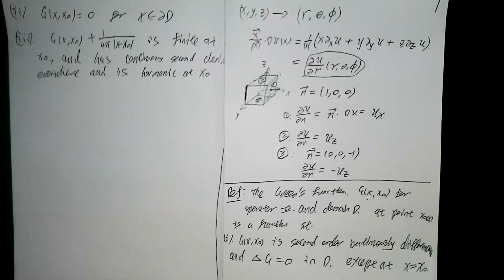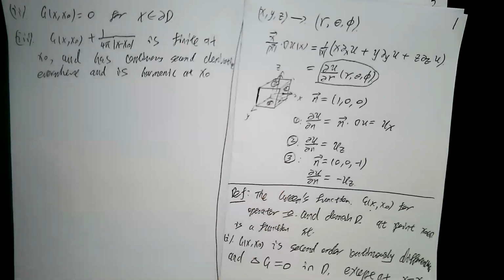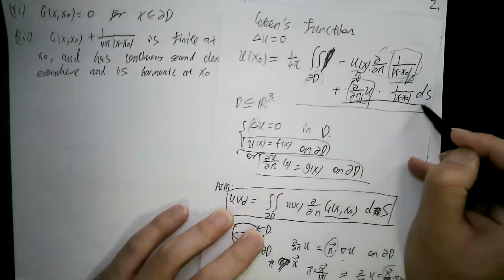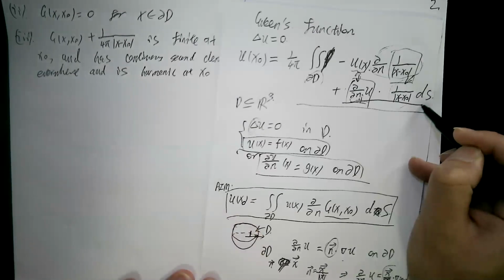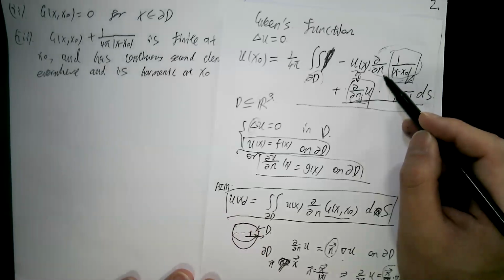Which is why I say that it's more or less like you're trying to do some modification of 1 over |x minus x0|. And this kind of modification makes this part of your representation formula able to be absorbed by this first term.